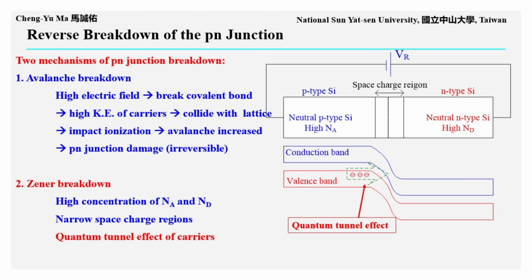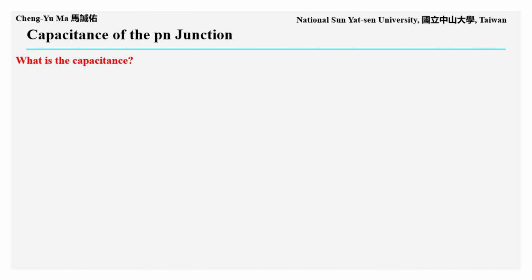The probability of quantum tunneling is strongly related to the tunneling distance. Only a very narrow distance can allow tunneling to occur. Therefore, Zener breakdown can occur only when both Na and Nd are high enough. The high current mechanism caused by this tunneling effect does not involve damage to the atomic structure. Therefore, it can be used repeatedly and is reproducible.